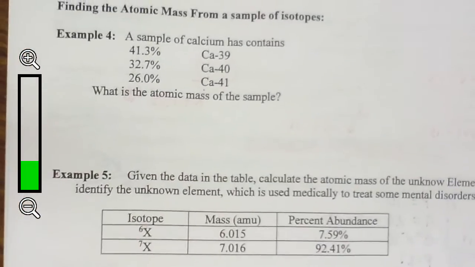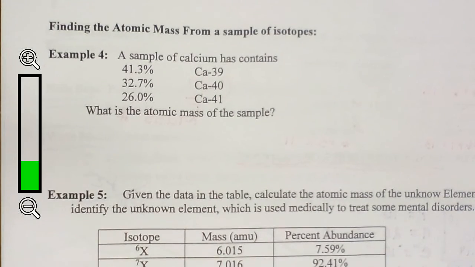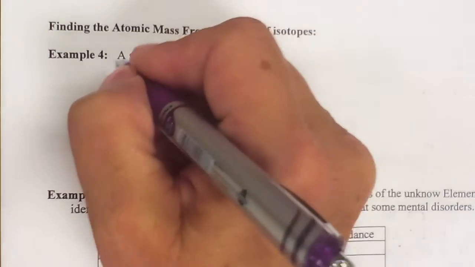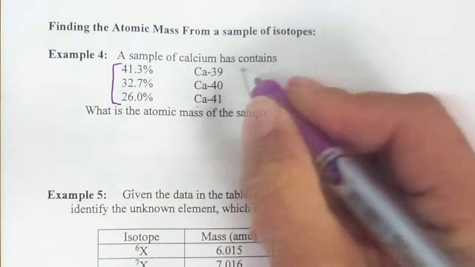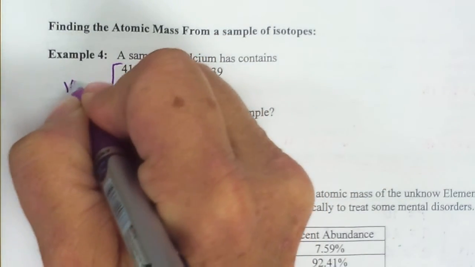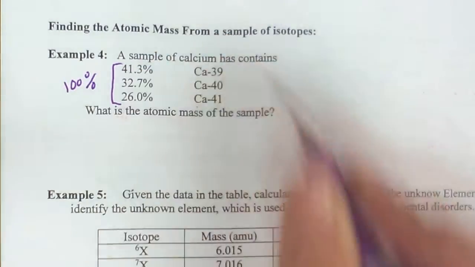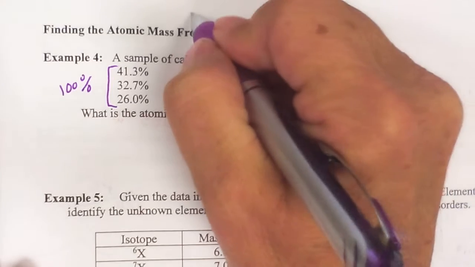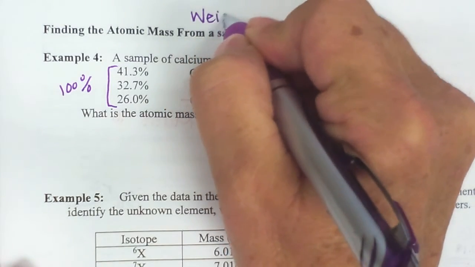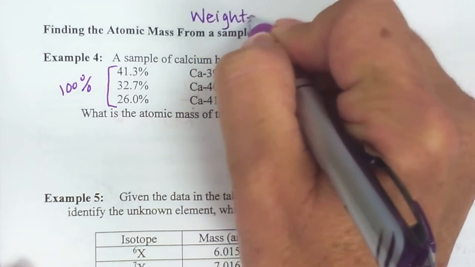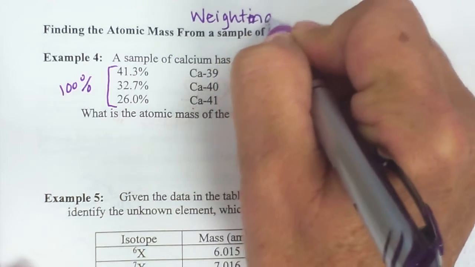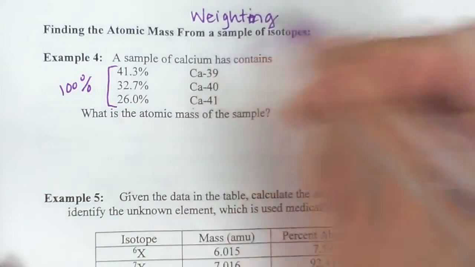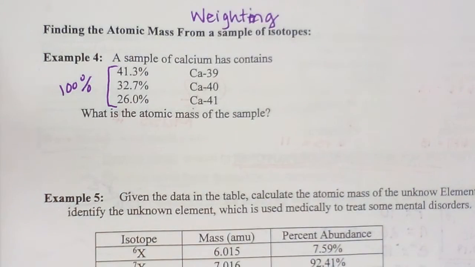So what we're going to do is take this sample of calcium, which has 3 isotopes in it. We have 100% of the isotopes broken down into their percent representation. And we are going to use the practice of weighting, as in putting weight on each isotope.